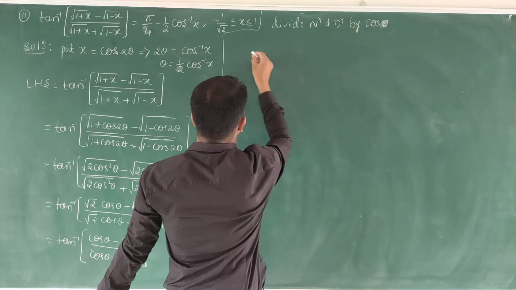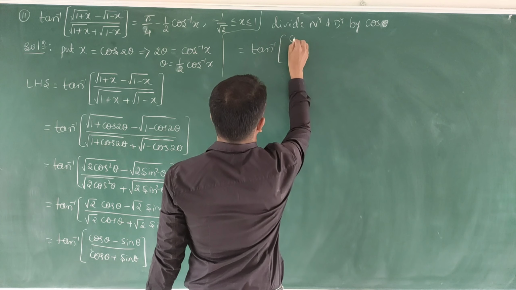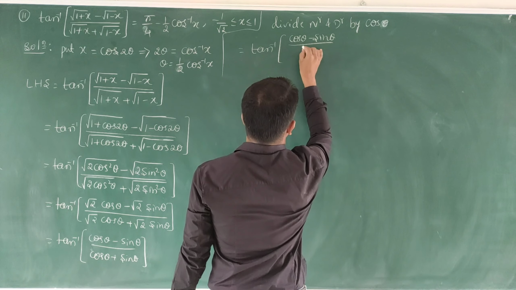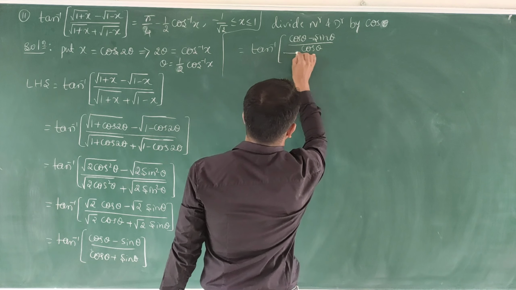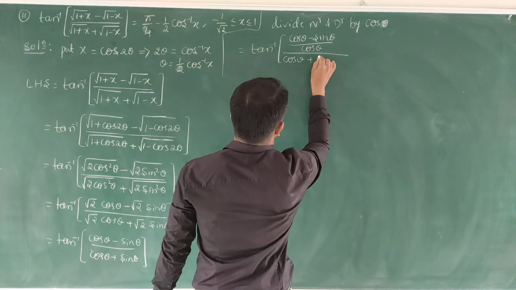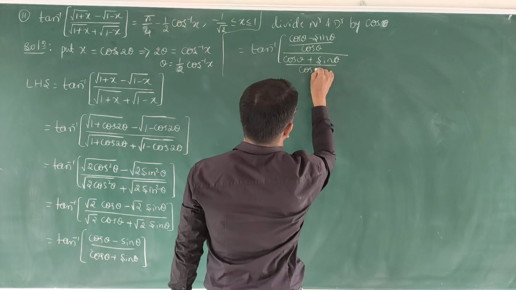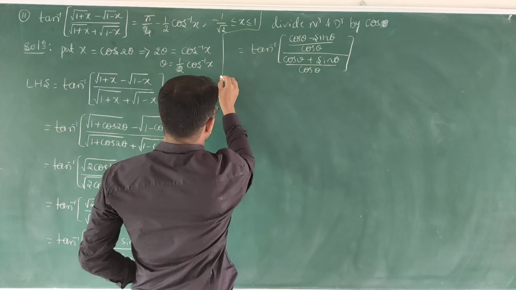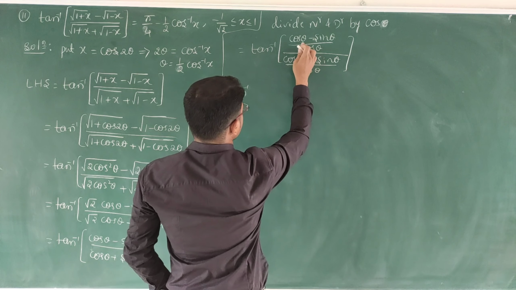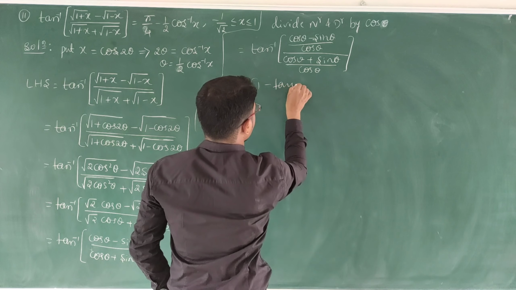So that is equal to tan inverse of (cos theta minus sin theta upon cos theta) all divided by (cos theta plus sin theta upon cos theta), which is tan inverse of 1 minus tan theta divided by 1 plus tan theta, since sin by cos is tan theta.